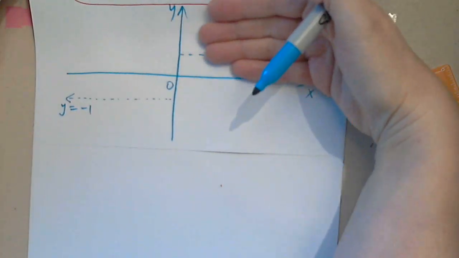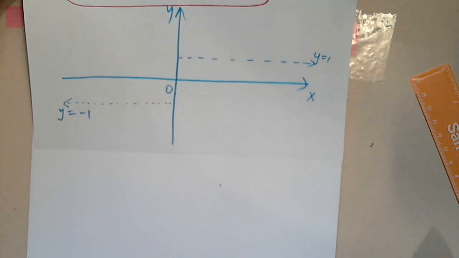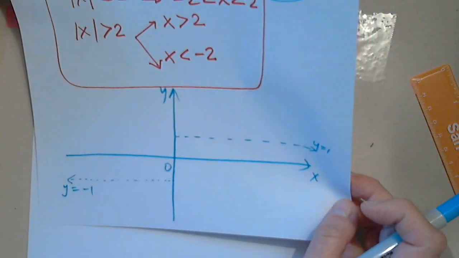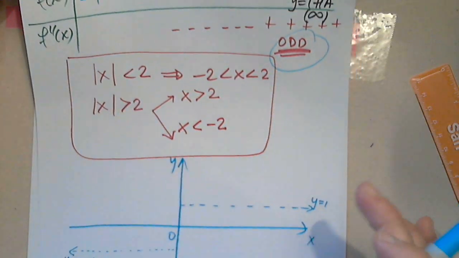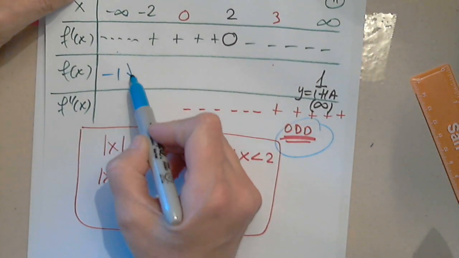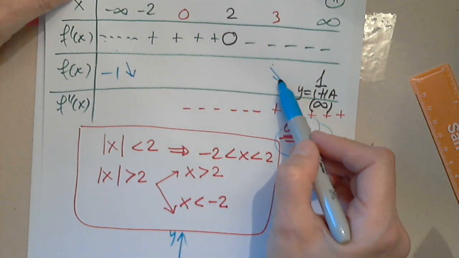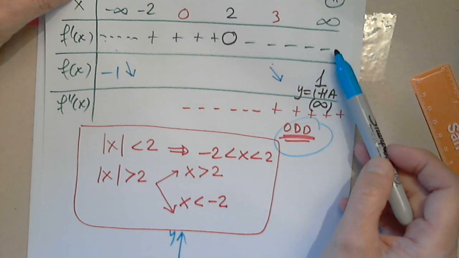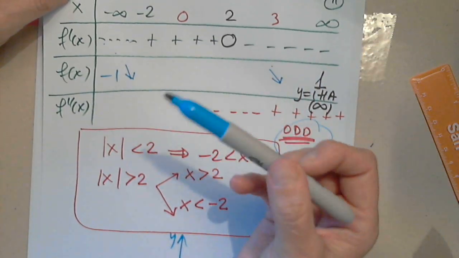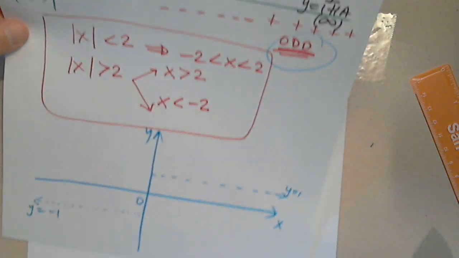Because what I graph here, I have to graph here. Then, I am told that the function is decreasing till negative 2 and decreasing from 2 on. It's increasing between negative 2 and 2. Okay?